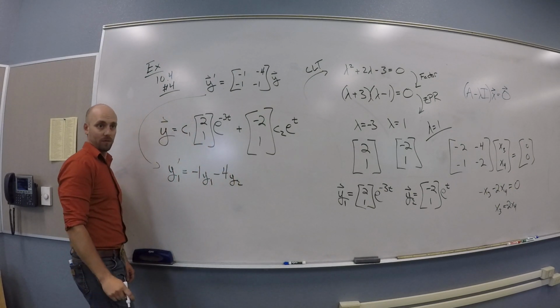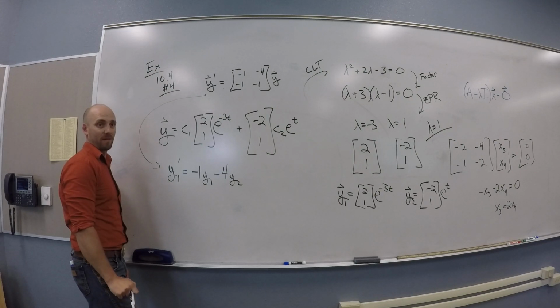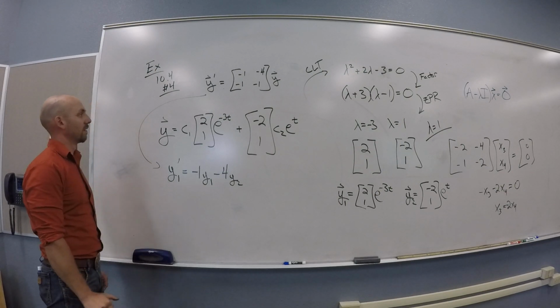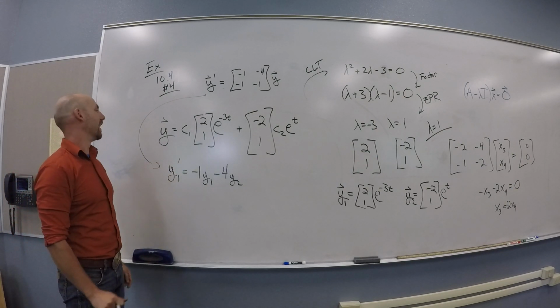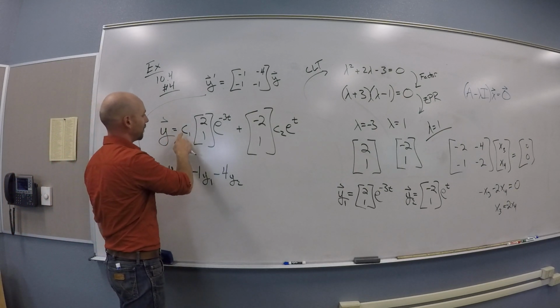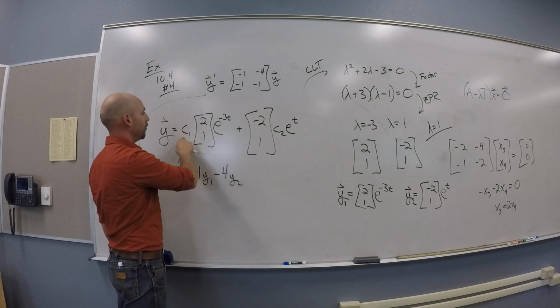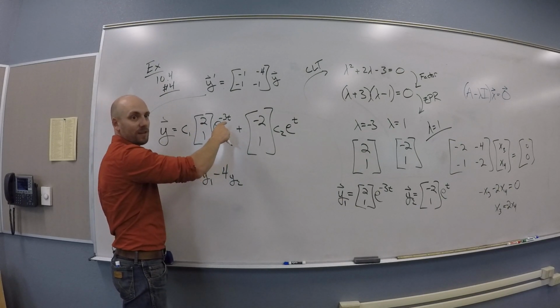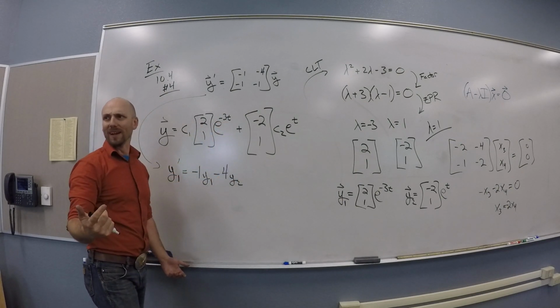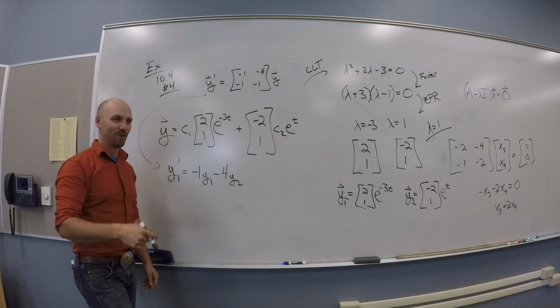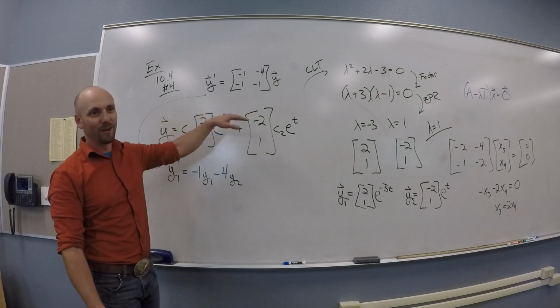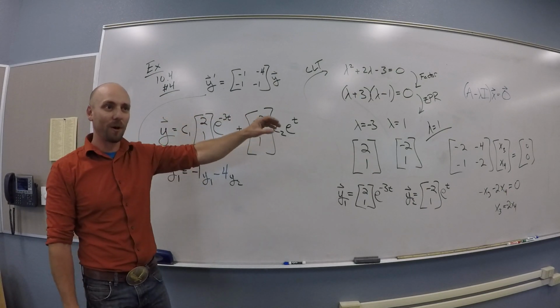And so the solution to that would be C1 2 e to the minus 3t plus -2 C2. So y1 is the top row, y2 is the bottom row.